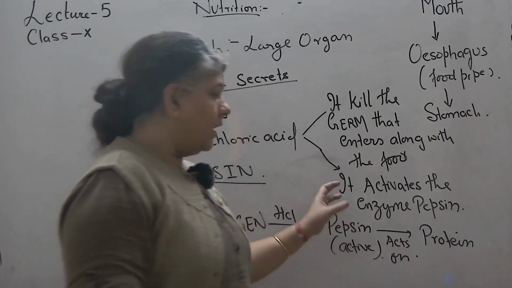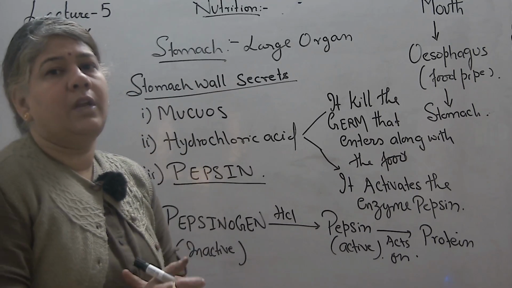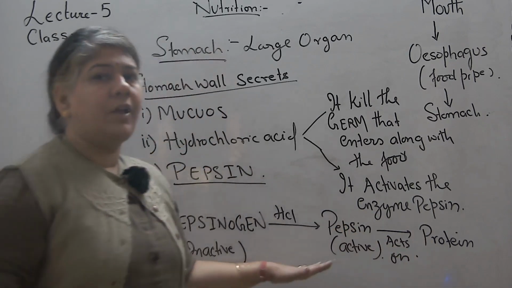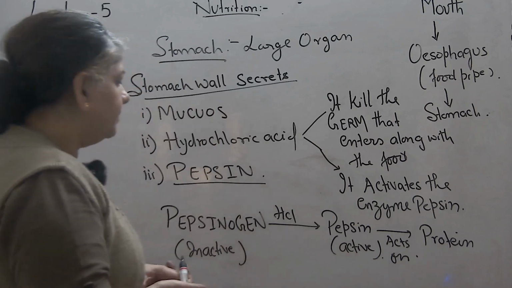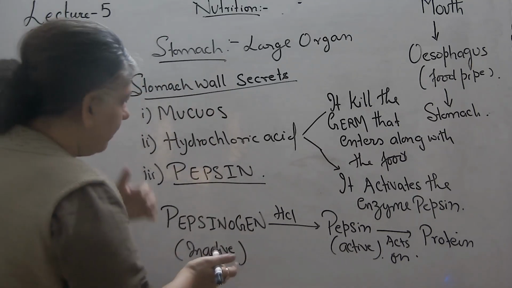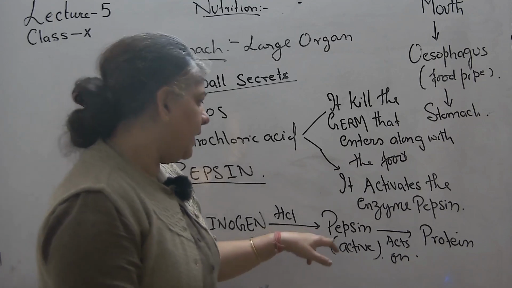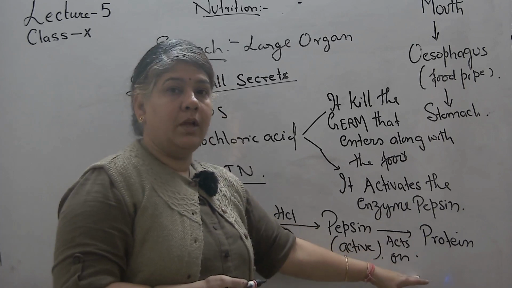So keep finding some way of correlating things. This will always help you recall the information that you need to produce in the exam. So always remember P for pepsin, P for protein. Pepsin acts on protein.